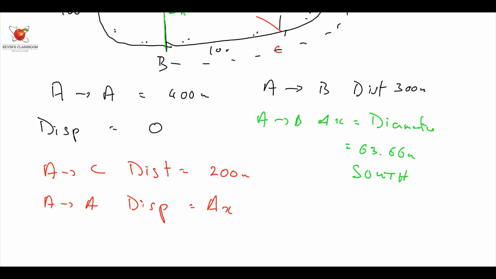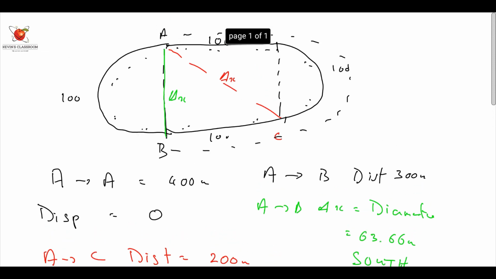And delta x in that case is going to be equal to, it's Pythagoras, so we have to say that is going to be equal to our baseline, 100 squared plus my 63.66 squared, and all to the power of a half, which is the square root, and the final answer is 118.54 meters.